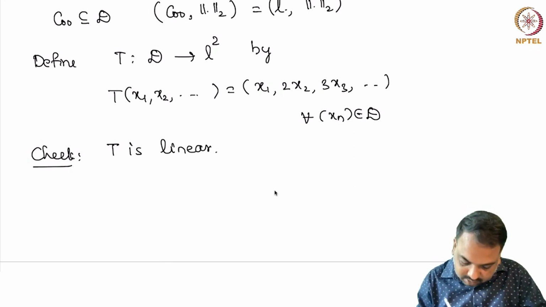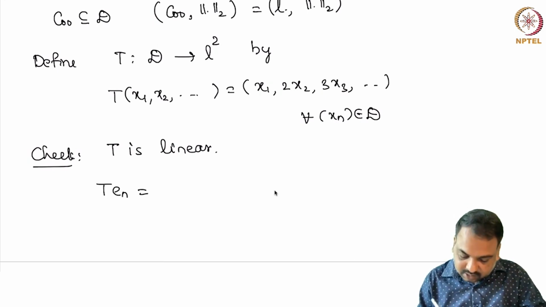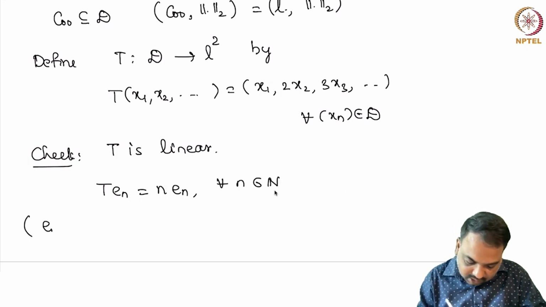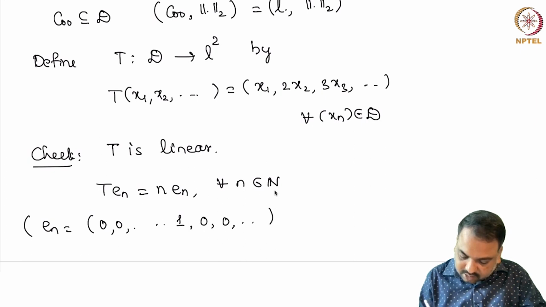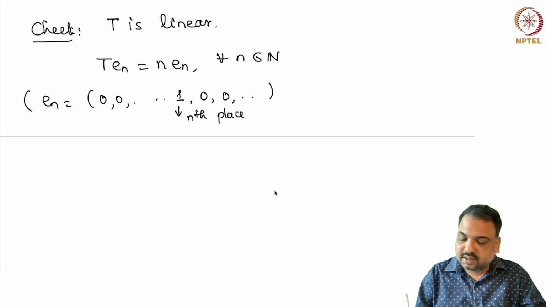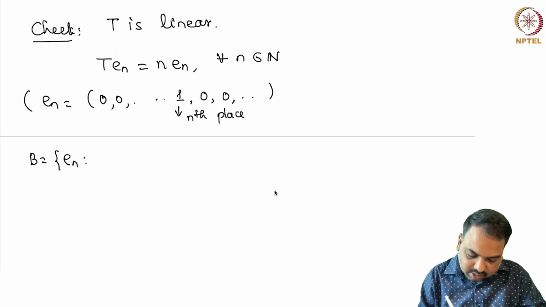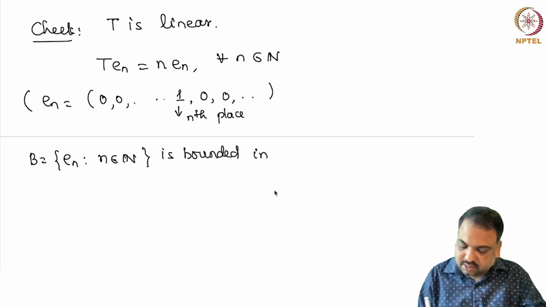If you look at T of e_n, where e_n is the standard orthonormal basis element of L2, this is nothing but n times e_n for every n in N. So let me recall, e_n is 0, 0, 0, and so on, 1 in the nth place, and the remaining are 0. So here if you take B equal to the set e_n, n in N, this is bounded in L2.